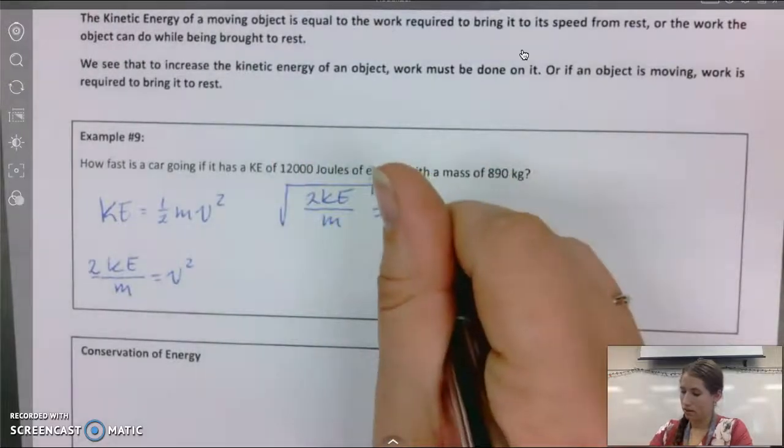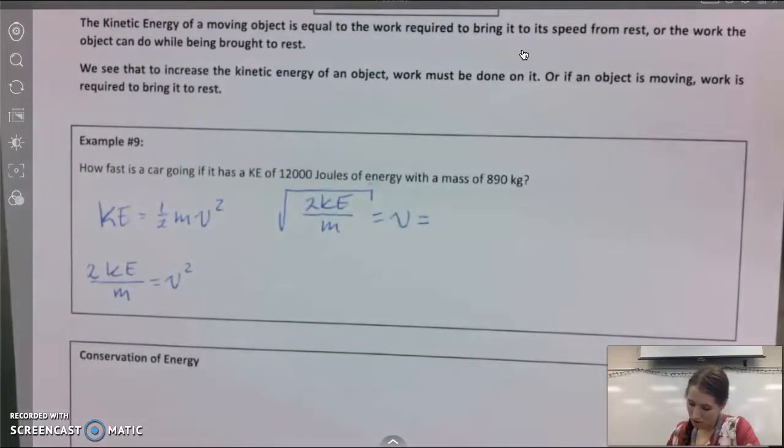Okay. And now I'm going to plug in some numbers. So square root, and then on the top of my fraction here, 2 times the kinetic energy, which is 12,000. And then divided by the mass, which was 890.